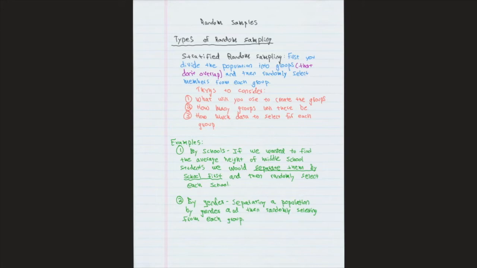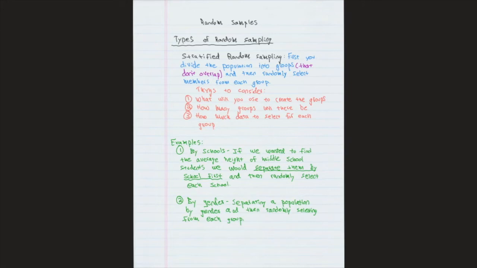So for things you want to consider for stratified random sampling is what will you use to create the groups? So what makes sense depending on how you're surveying the people, how you're collecting data. Does the population naturally fit into groups? How many groups will there be? So do you need a lot of different groups?